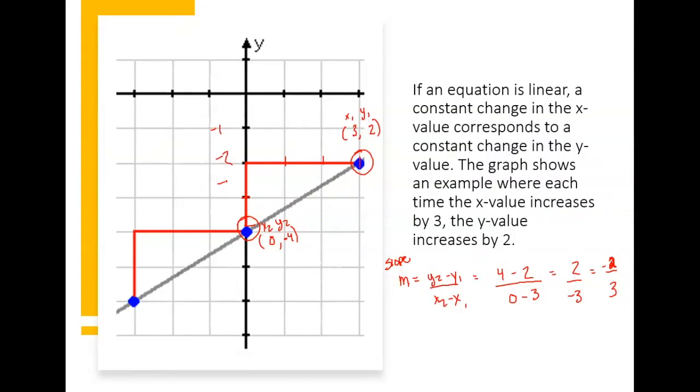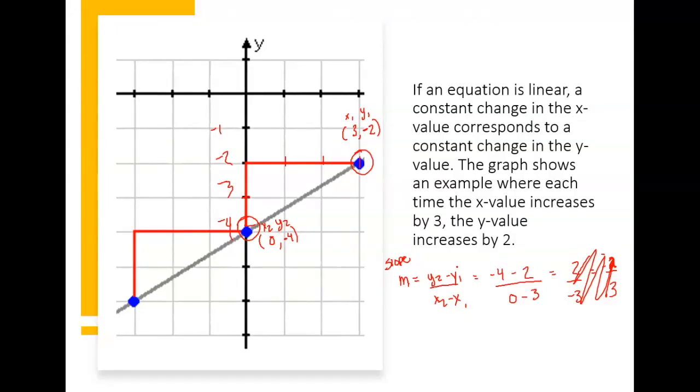So we have -1, -2, -3, -4. So I apologize for having totally messed this up. My y1 is -2 and my y2 is -4.